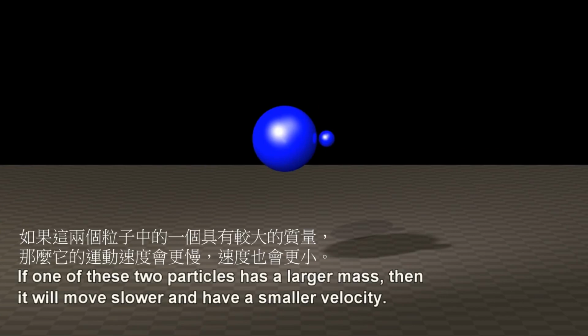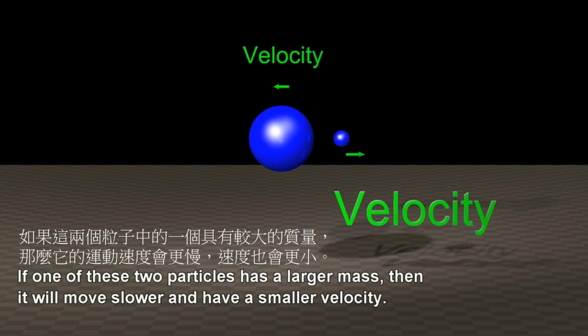If one of these two particles has a larger mass, then it will move slower and have a smaller velocity.